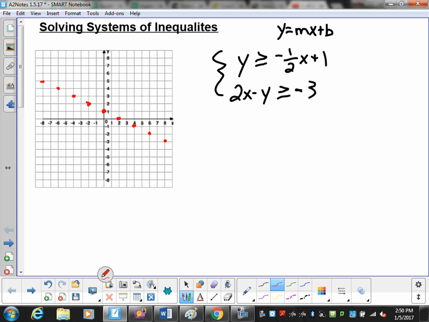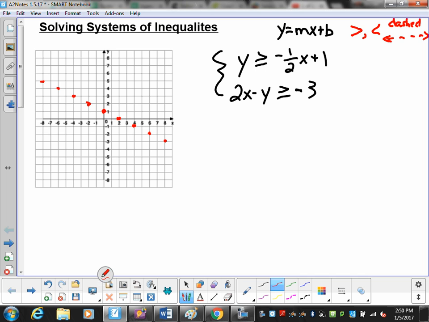Now, one of the differences when you deal with inequalities is the line is sometimes solid, like we normally draw a line, but sometimes it's dashed. And so what we do is, if the symbol is greater than or less than, then it is dashed. So your line will look like this. Okay?